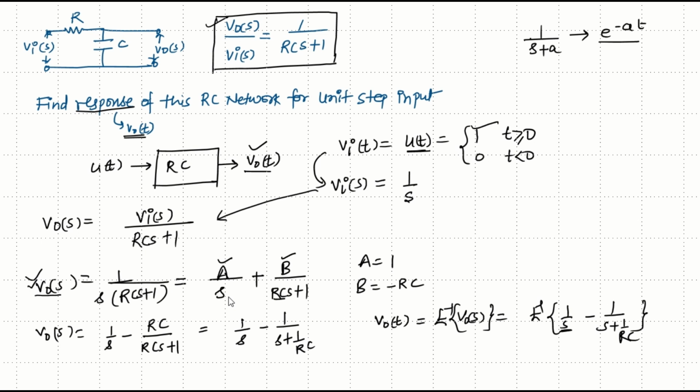So finally V0(t) comes out to be 1 minus e raised to power minus t upon RC. This is the final response of this RC network when we apply the unit step signal at the input.